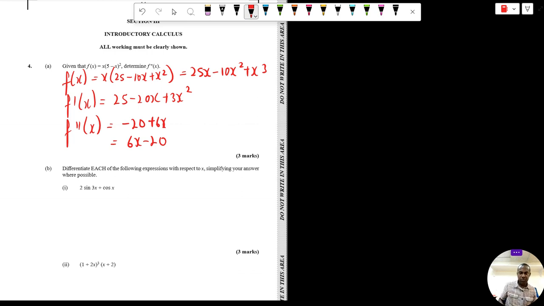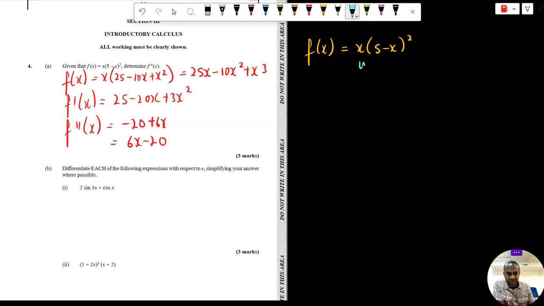But as I mentioned a few minutes ago, many students would have been inclined to use the product rule. And so for that reason, we're going to do this question again using the product rule, okay? So we're going to say let f of x be equal to x times (5 minus x) all squared.